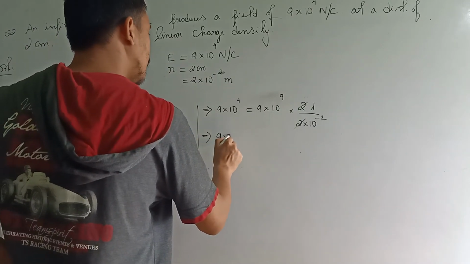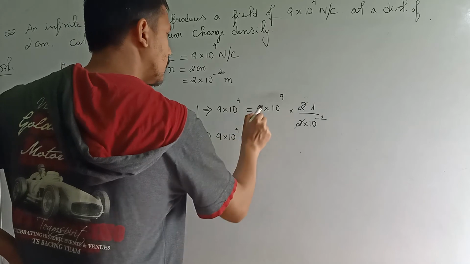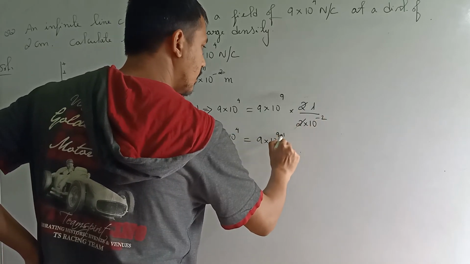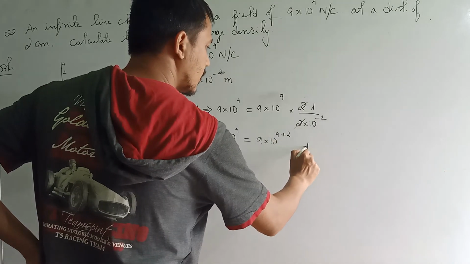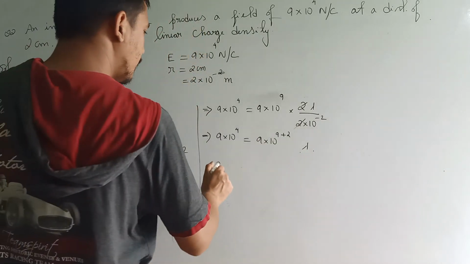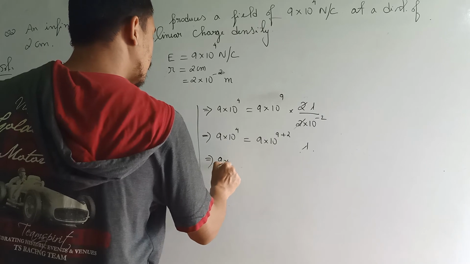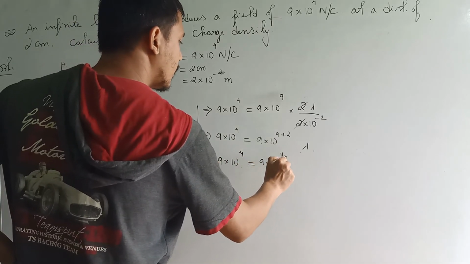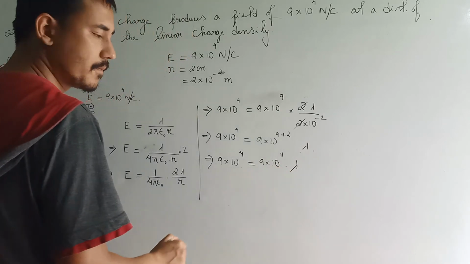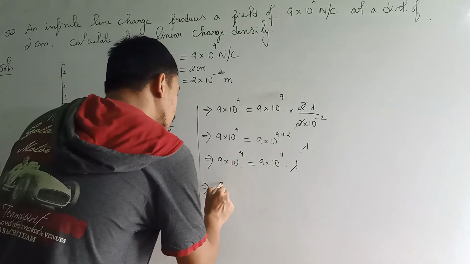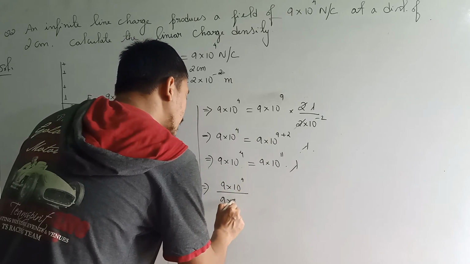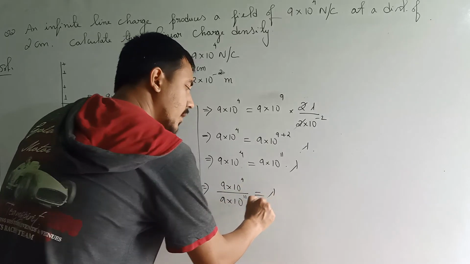So 9 into 10 to the power 4 is equal to 9 into 10 to the power 9 times 2 times lambda, so 9 into 10 to the power 4 is equal to 9 into 10 to the power 11 times lambda. So your lambda is 9 into 10 to the power 4 upon 9 into 10 to the power 11.